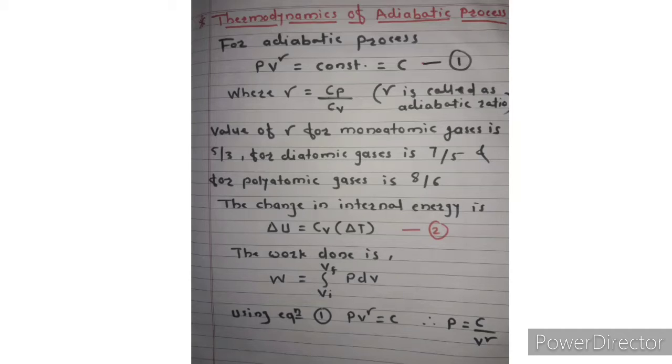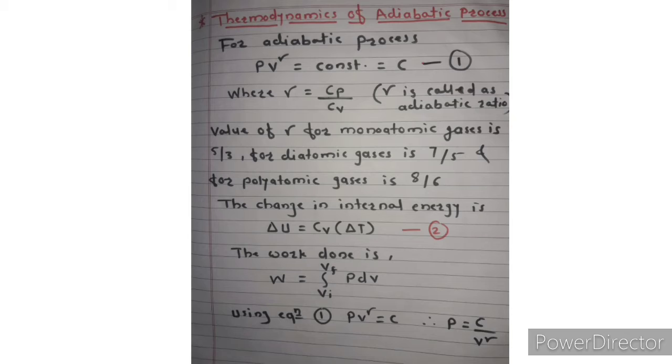Thermodynamics of the adiabatic process. For an adiabatic process we have the equation PV raised to gamma is equal to constant, or equal to C, and this is equation number 1. Here gamma is the ratio of specific heat at constant pressure to the specific heat at constant volume, and gamma is also called the adiabatic ratio.